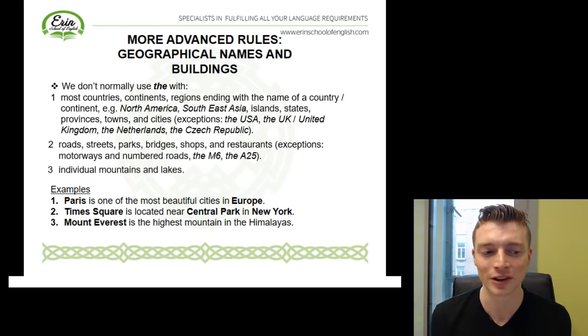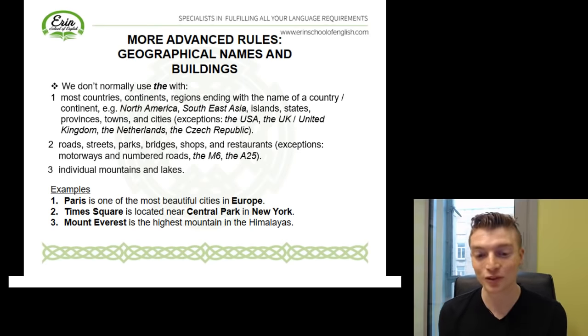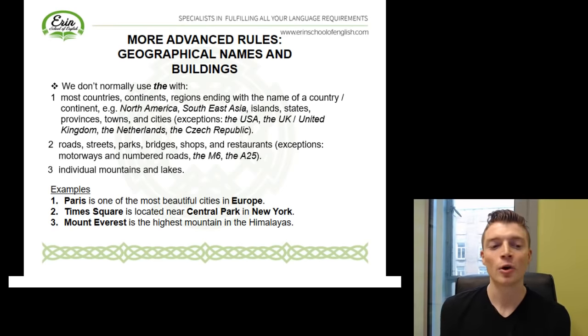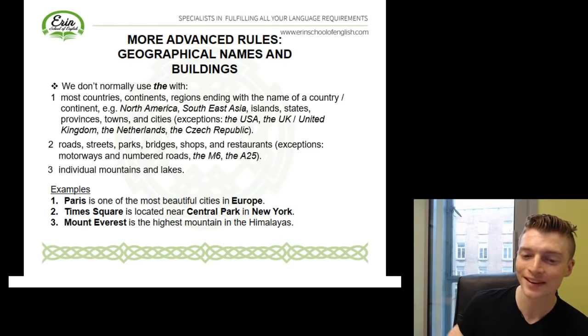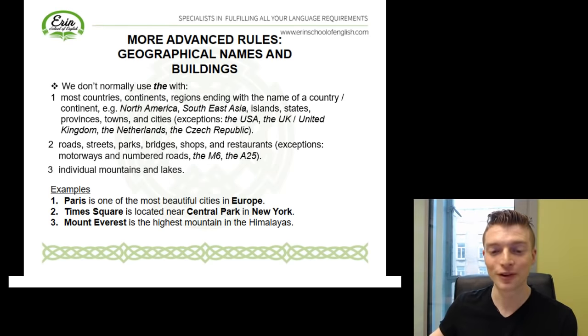Just the final rule here. We also don't use articles with individual mountains and lakes. So that's why in our third example, Mount Everest, not the Mount Everest. So be really careful here. Mountain ranges, we use the Himalayas, the Alps.